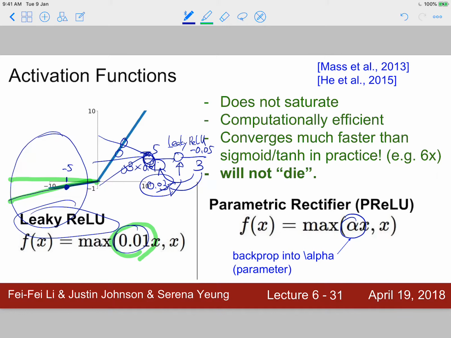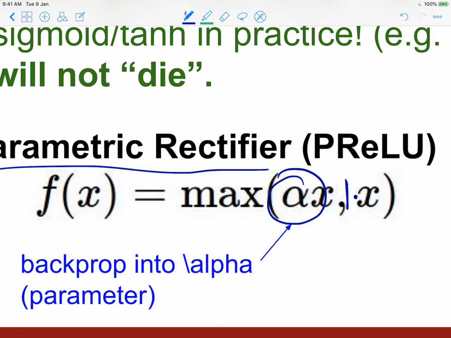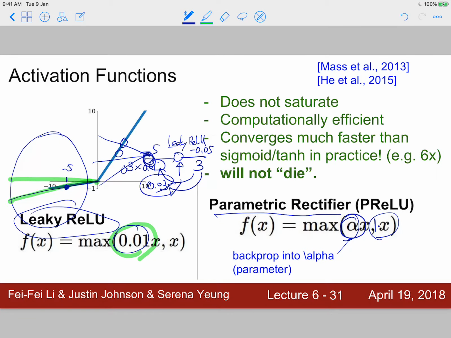So in the case of this parametric rectifier unit, we fixed the positive region as just 1 times x, but here alpha can now be set as a trainable parameter, which means that we actually compute the gradient with respect to this alpha, and then iteratively update this parameter to find the optimal value. So that is this parametric rectifier. But again, in the case of a leaky ReLU, we have to set this in advance as our hyperparameter, right?